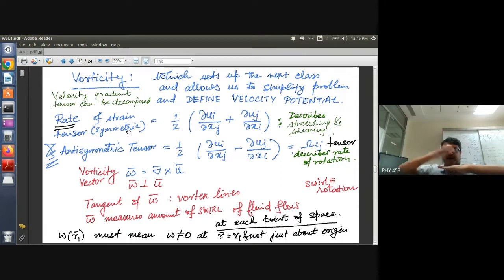Suppose this is y and this wall is static, so hence the velocity of the fluid del u x will change as a function of y, and that can be written down into a symmetric matrix, which basically describes pure stretching and shearing, and an antisymmetric tensor, and this is essentially like the curl of u. So this part especially is the curl of u, right?